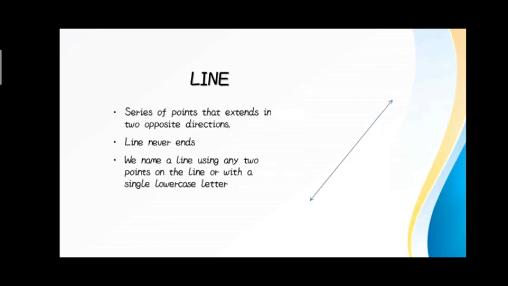If this is a line L, we can name it as line L. If we have a point on it, A, point B, we can name it as line AB. What if we have another point as C? So we can use line AC. We can name it as AC, but we cannot use all the 3 points. We have to use only 2 letters of the points, and that should be in capital letters.